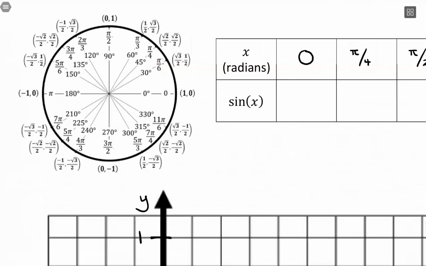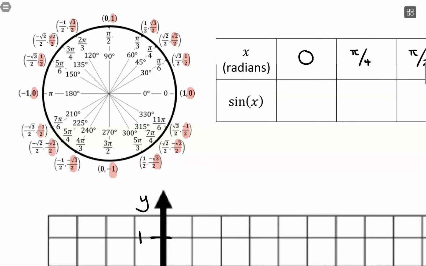Now, grabbing the outputs for our sine of x function, what I want to do is go around our unit circle and grab our sine values, which come through as the y-coordinates on here. Something we need to be careful of is that while these all connect, the coordinates here are different from the coordinates down here.